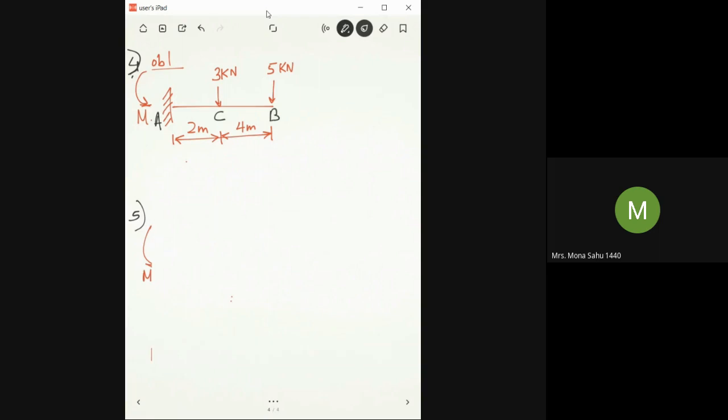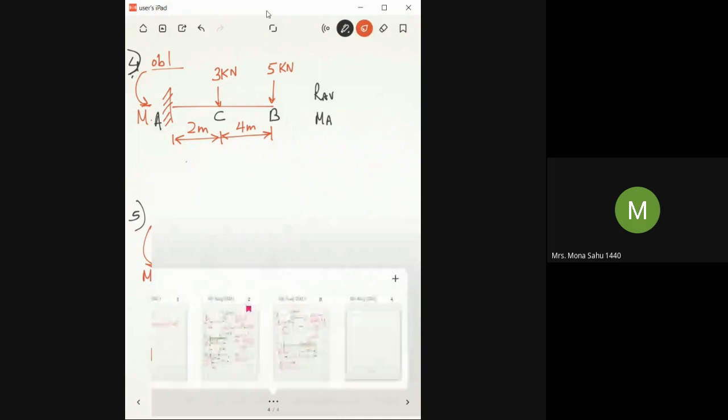So calculate what is RAV and MA. Problem 2.